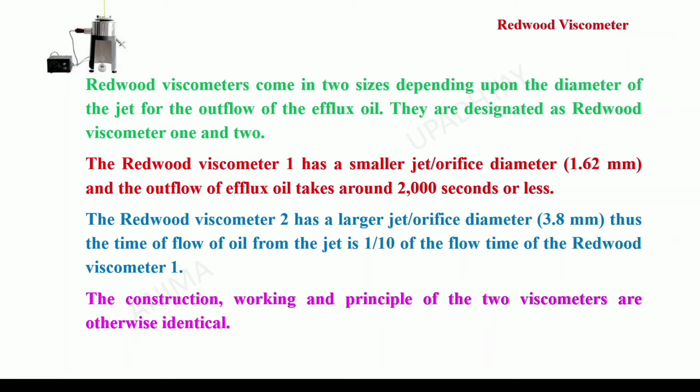But if we are provided with a test sample which is highly viscous, it is better to use Redwood Viscometer 2 because it has a larger diameter. But if the viscosity of the given test sample is average, not too high, then we can use the Redwood Viscometer 1.